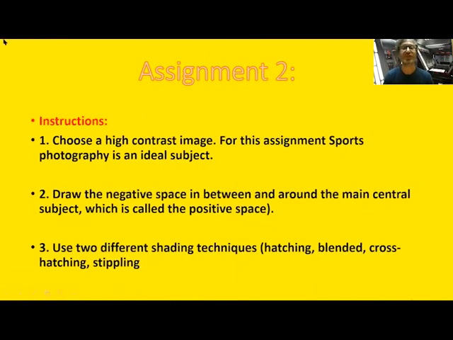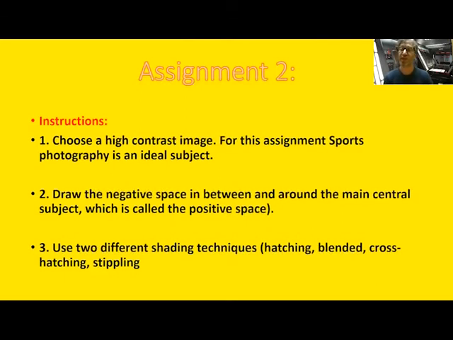Okay, so this second assignment is to take a more complex image, a photograph, if you will. I'm suggesting sports photography. The reason why is because there's a very strong central subject and there's usually something around it, such as a crowd or a field.